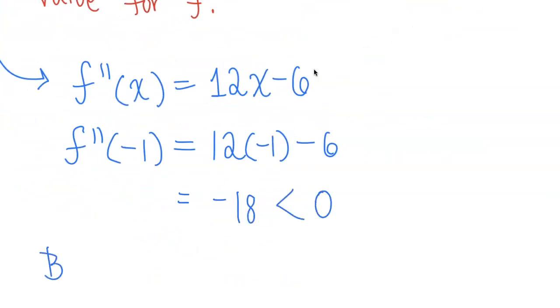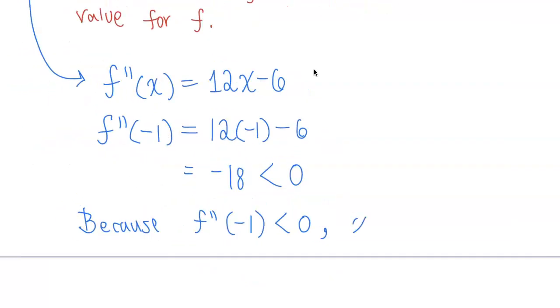Well, because f double prime of negative 1 is less than 0, x equals negative 1 is where relative max happens.